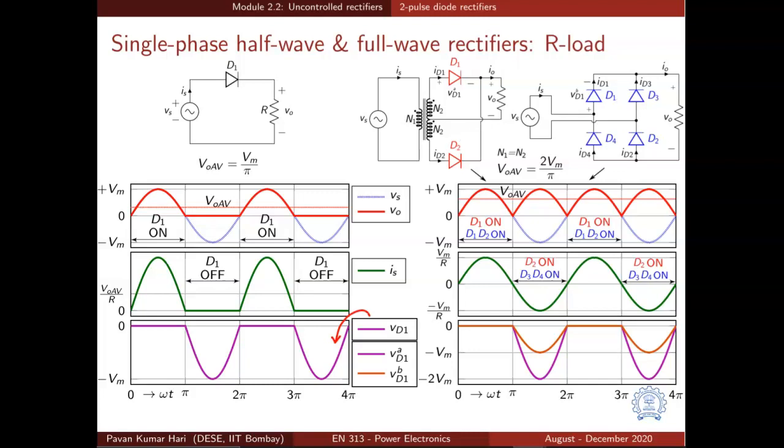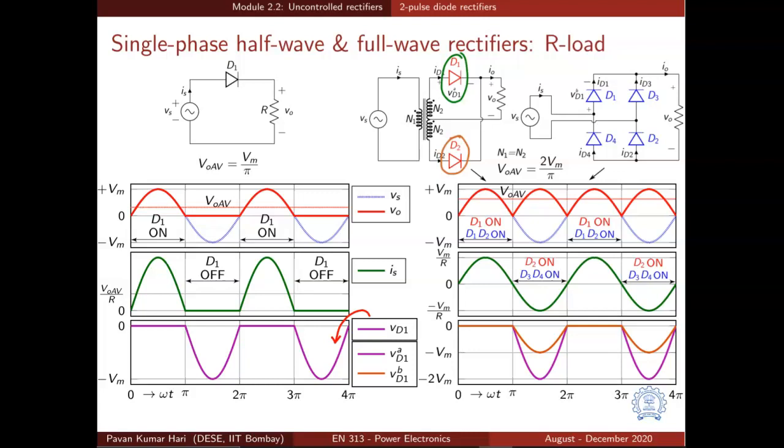As discussed earlier, in the 2 diode full wave rectifier, the diode D1 will be conducting in the positive half cycle and the diode D2 will be conducting in the negative half cycle. When D1 conducts, output voltage VO is equal to Vs times N2 by N1.